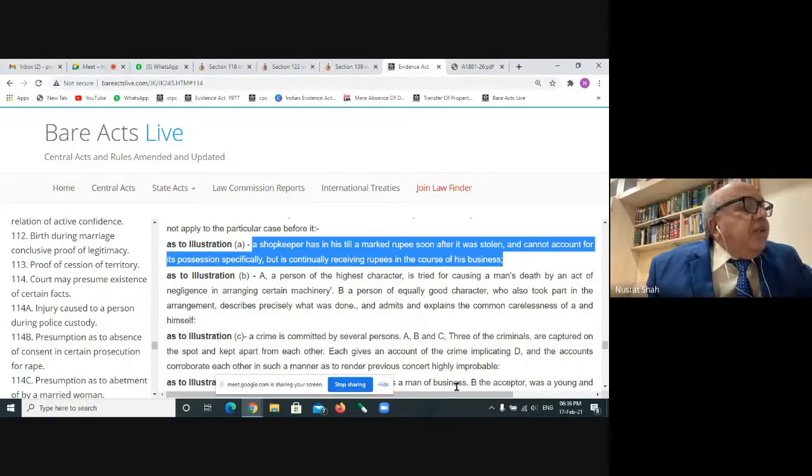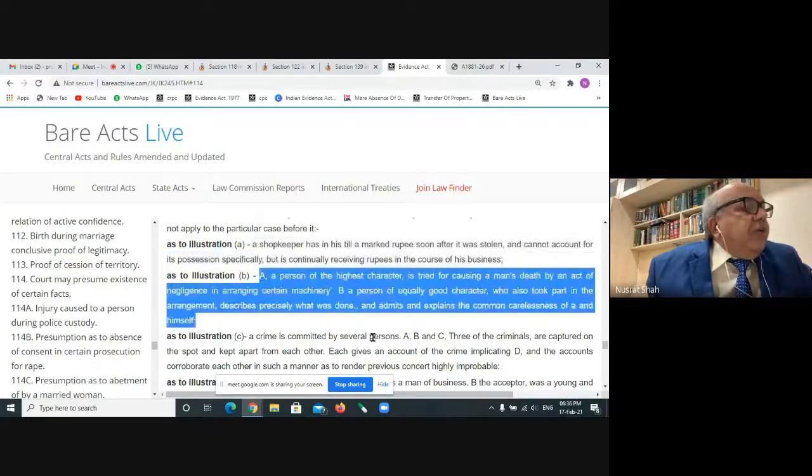Then illustration B: A, a person of the highest character, is tried for causing a man's death by an act of negligence in arranging certain machinery. B, a person of equally good character who also took part in the arrangement, describes precisely what was done and admits and explains the common carelessness of A and himself. Now here, if this man is explaining, both the persons are guilty of the offence, so the court will take into consideration and draw the presumption that he is an accomplice.